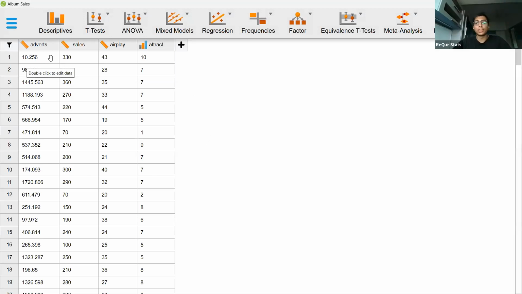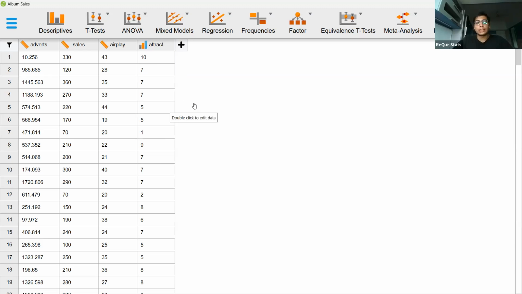So again, just to recap, adverts stand for thousands of pounds spent in advertisements. Sales stand for the number of million copies sold of the album. Airplay stands for the number of hours spent on national radio stations. And attract, or the attendance ratings, are the median attendance ratings that people saw the band as.